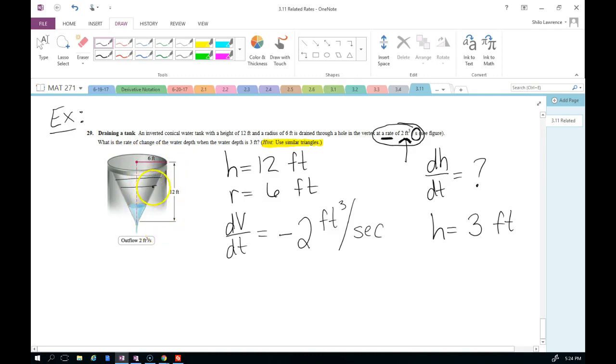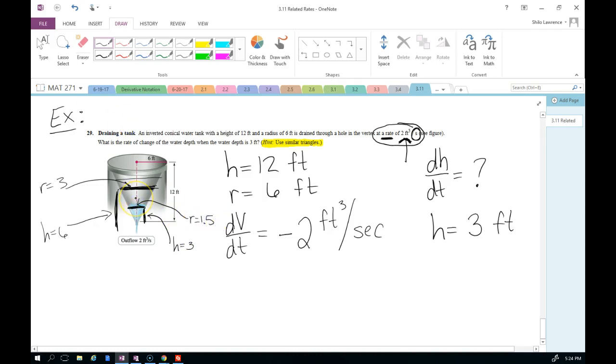So when we get halfway down and height is 6, we will have a radius here of 3. And right here, when height is 3, radius will be 1.5.